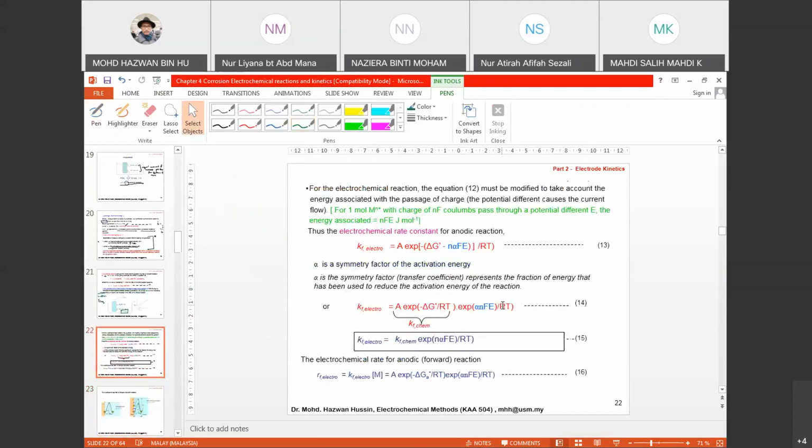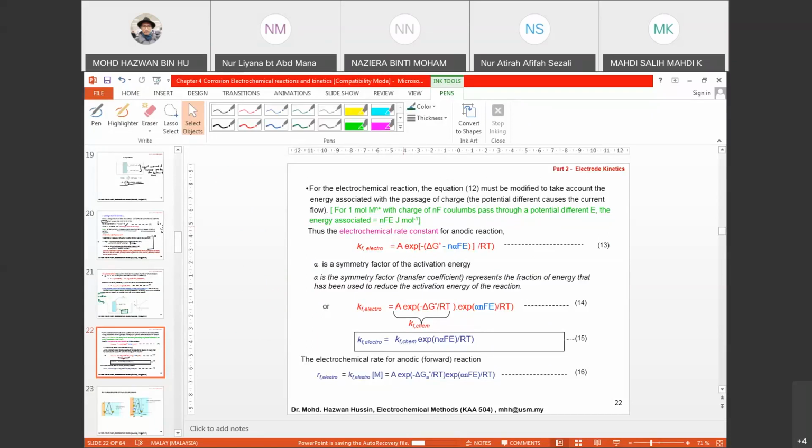So in this case, for the electrochemical reaction, equation 12 must be modified to take account of the energy associated with the passage of current. For 1 mole of Mn+ with charge of nF passing through a potential difference, the energy associated will be equal to nFE.